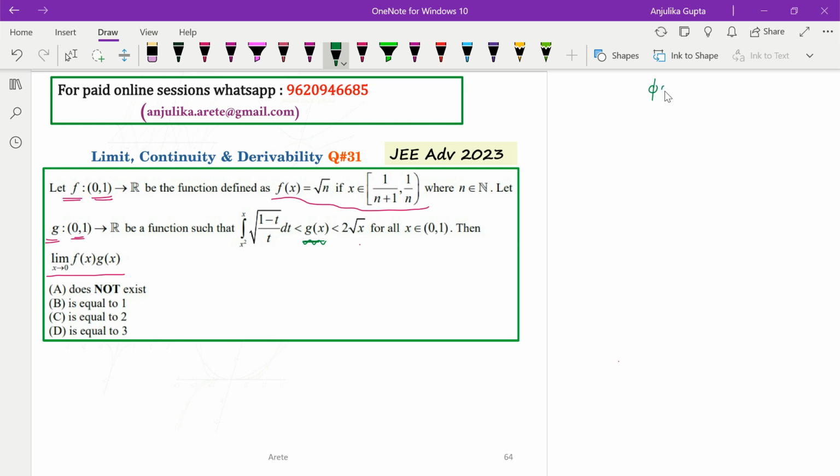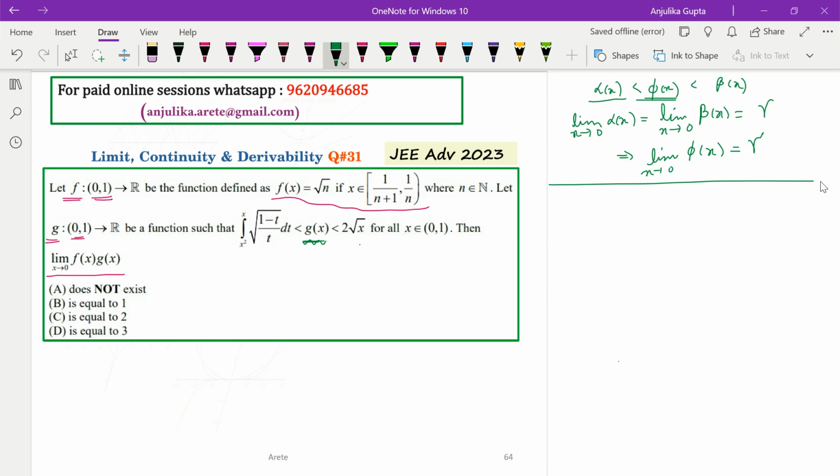That if you have a function phi of x that is sandwiched between two functions, let's call them alpha x and beta x, and if you know that the limit as x goes to 0 of alpha x is the same as the limit as x goes to 0 of beta x, let's say gamma, then from the sandwich theorem we can conclude that the limit as x goes to 0 of phi x, the function which is sandwiched between the two, should also be gamma. So we try exploiting this particular theorem now.